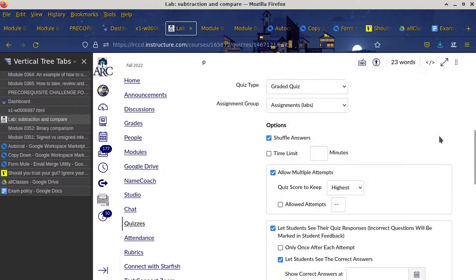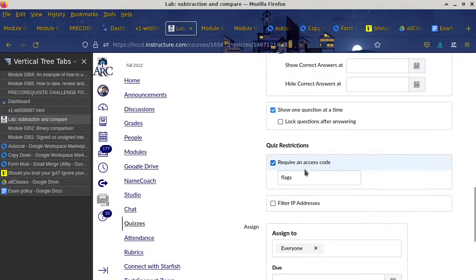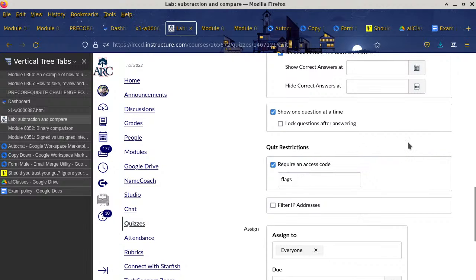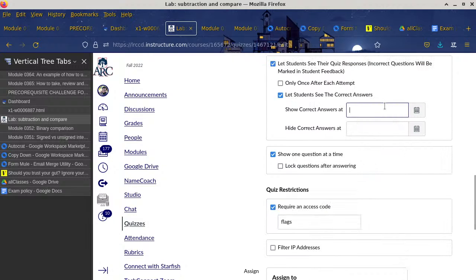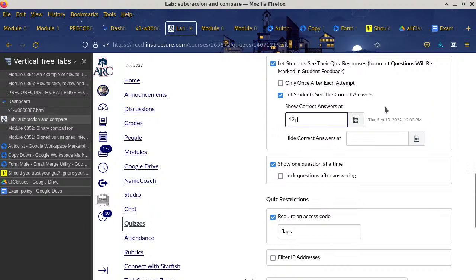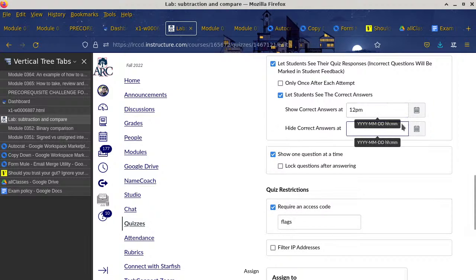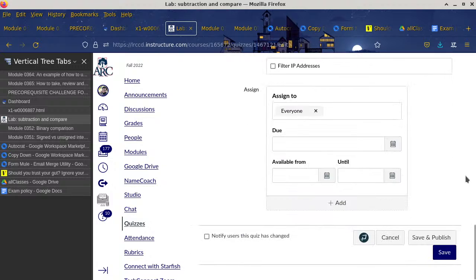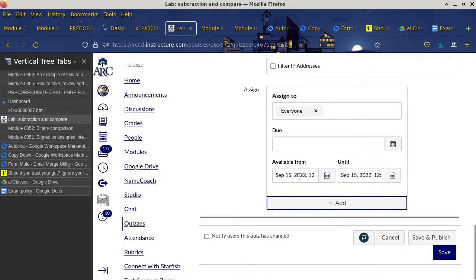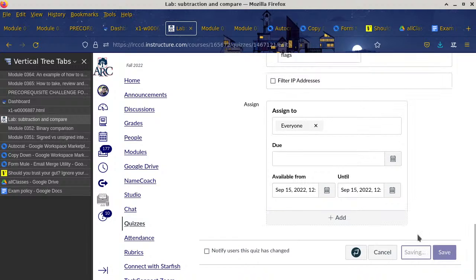The access code is flags, and I am going to show the answers at noon. I'll give you up to noon, what is that, 10 minutes, right? And then we have save and publish. There we go. So you should be able to get into the lab.